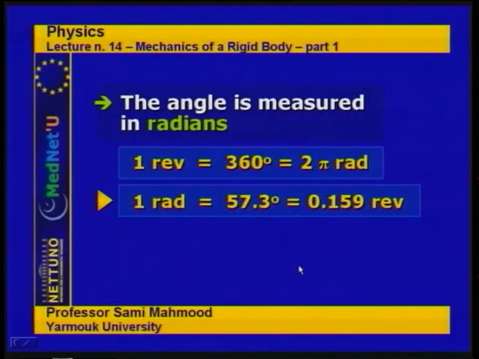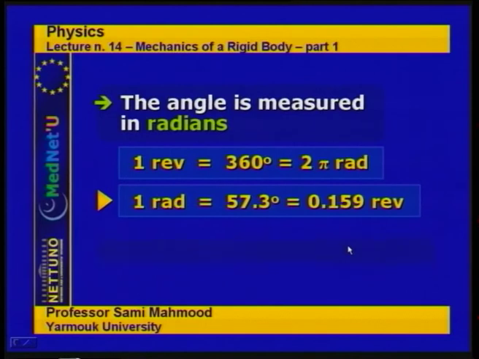These are the ways in which we measure the angular position, and by relating these quantities, we realize that 1 radian is equal to 57.3 degrees, and this is equal to 0.159 of a revolution.